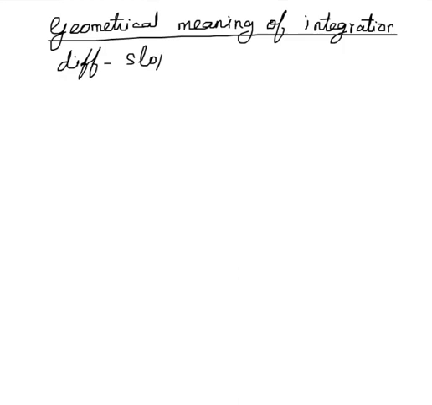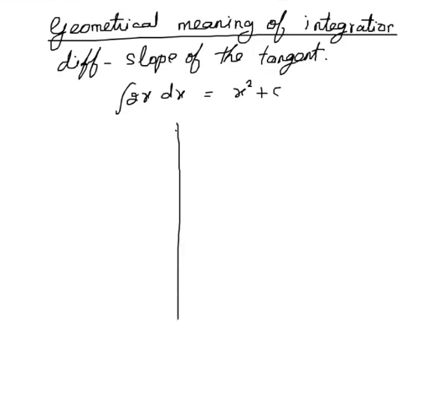Geometrical meaning of integration. The geometrical meaning of differentiation we know. It gives the slope of the tangent. Now the integral of 2x dx, we wrote as x square plus c. c can take any real value.